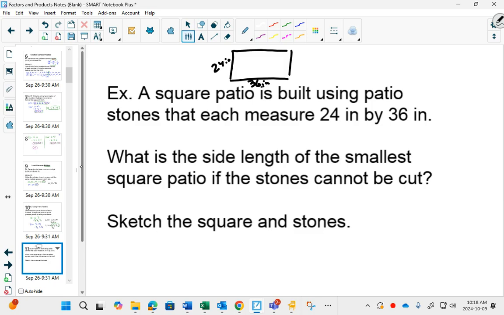Okay? Now, you want to build a patio that's a perfect square. If you only used 1 block, would it be a perfect square? No. Okay?